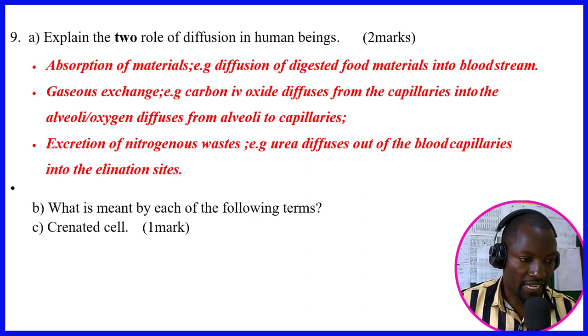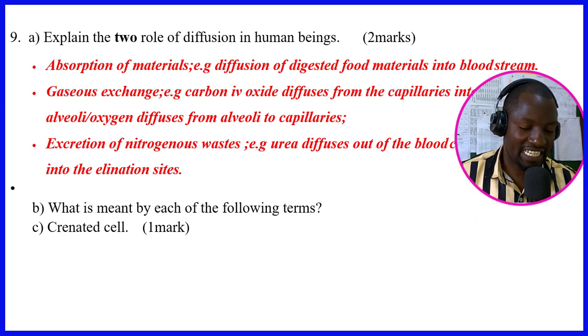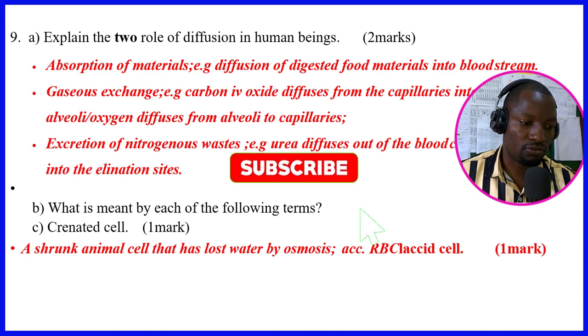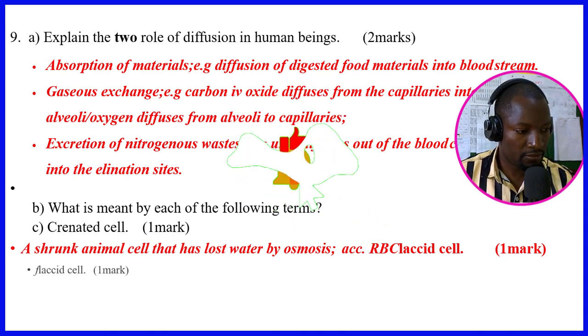What is meant by each of the following terms? Term number 1 is crenated cell. A crenated cell is a shrunk animal cell that has lost water by osmosis.